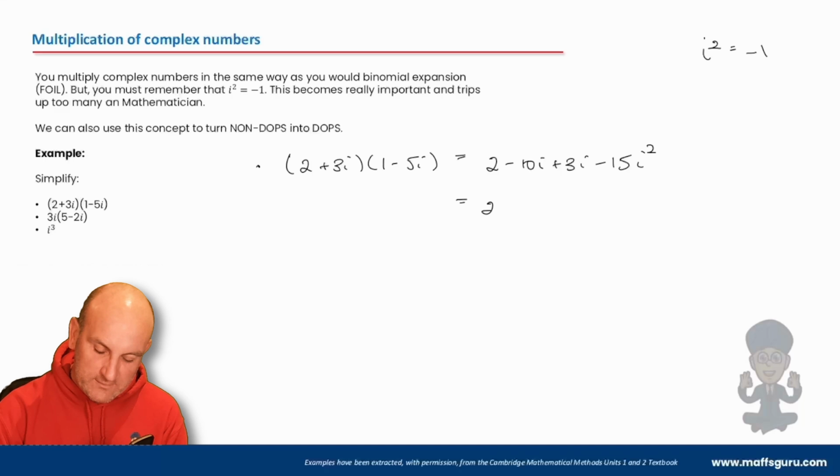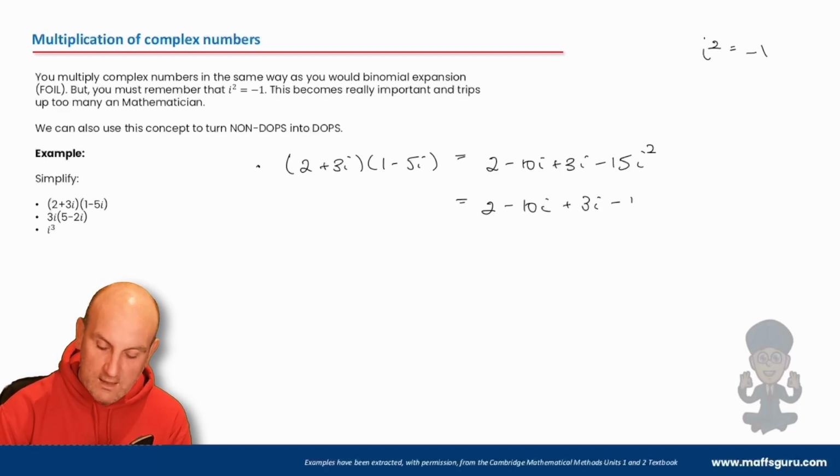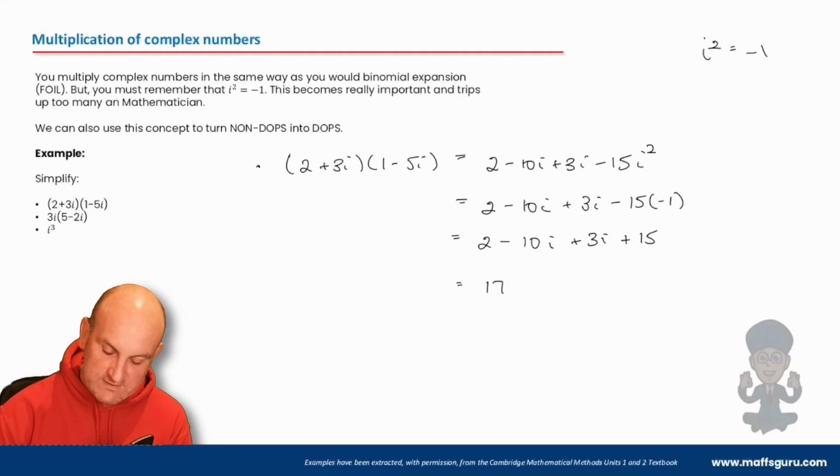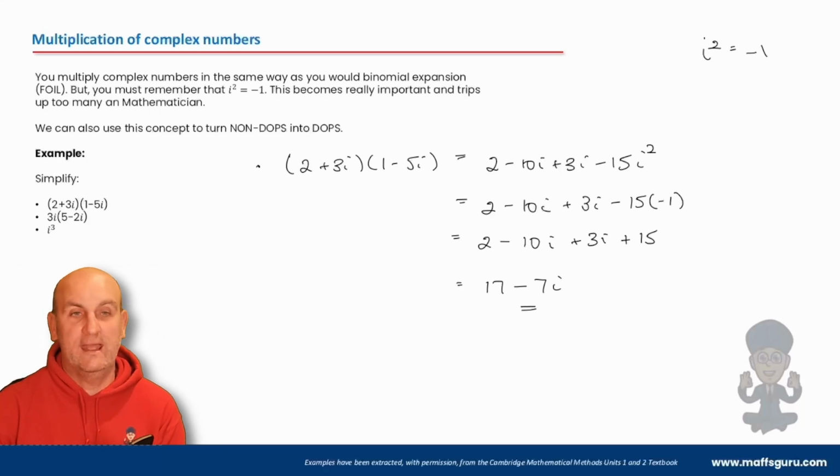So that gives me 2 minus 10i plus 3i minus 15 times minus 1. So 2 minus 10i plus 3i plus 15, and simplifying that is going to give me 17 minus 7i. All right, now again, look at the convention. We always write the real bit first and then the imaginary bit.